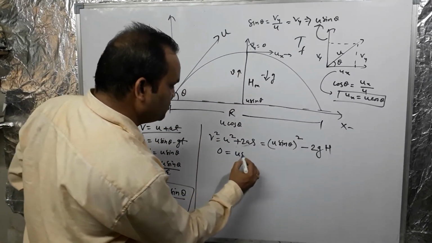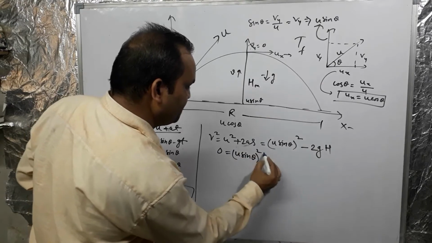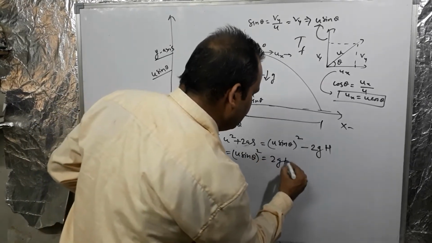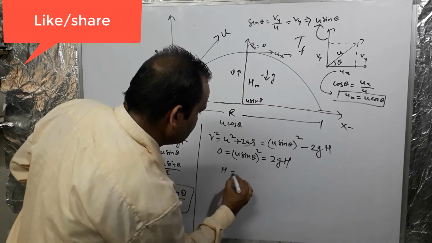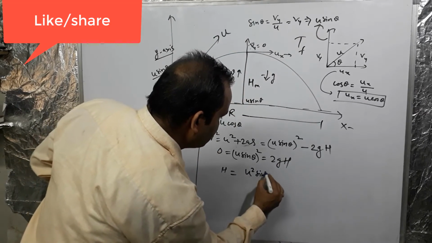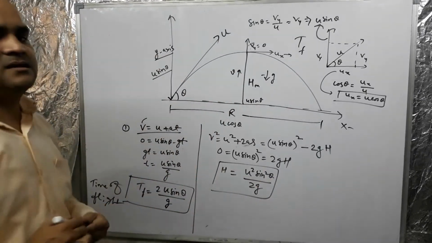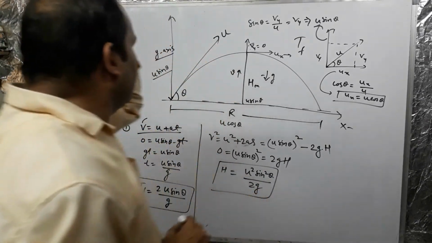So 0 is equal to u sin theta square minus 2gh, or you can change the side. So h is u square sin square theta by 2g. It is the height to reach the maximum point.